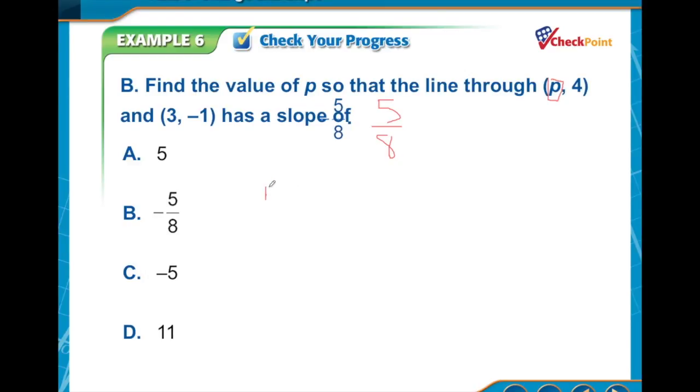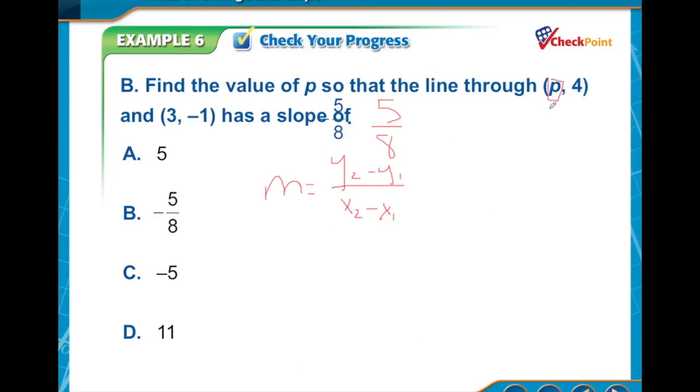Well, we would plug into our formula. We know m equals y2 minus y1 over x2 minus x1. Okay, so given all those things, we can plug in and figure it out.